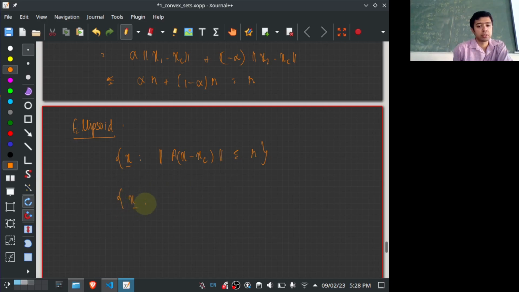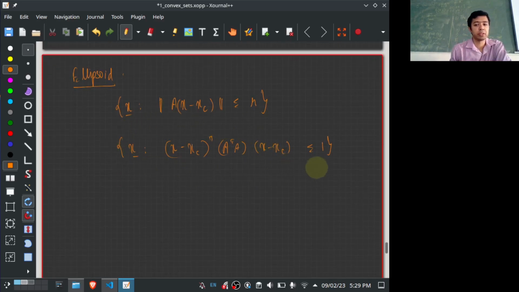It's the set of all x such that (x minus xc) transpose A transpose A (x minus xc) is less than or equal to r squared. Now, since A can be anything in general, I'll take this to be less than or equal to 1, because scaling by 1 over r is the same as scaling the matrix A by 1 over r. So any ellipse or ellipsoid can be represented in this particular form.